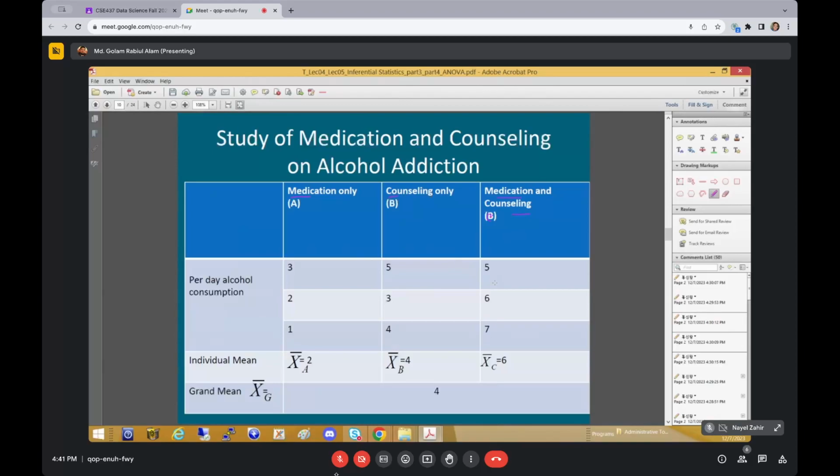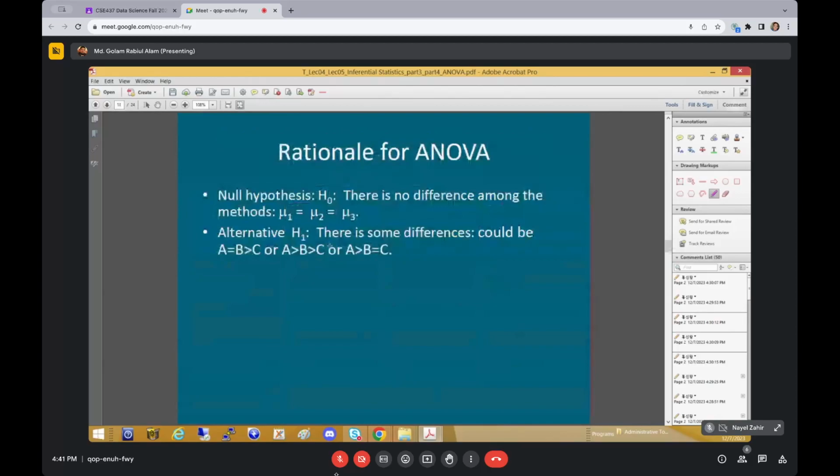In this case, we can define the methods, and the outcome will be the same, that means mu1 equals mu2 equals mu3. Alternately, there may be some differences.